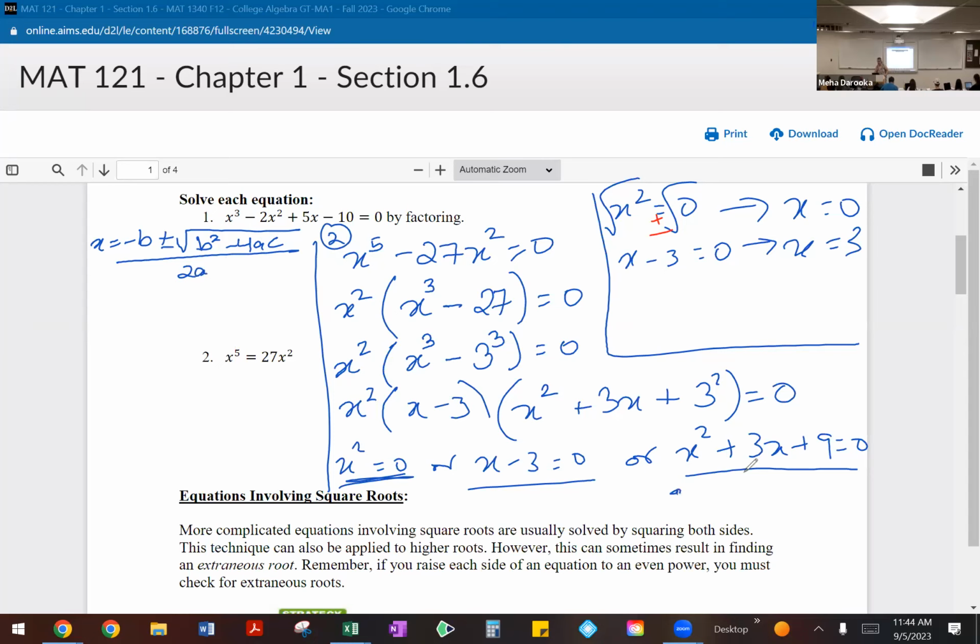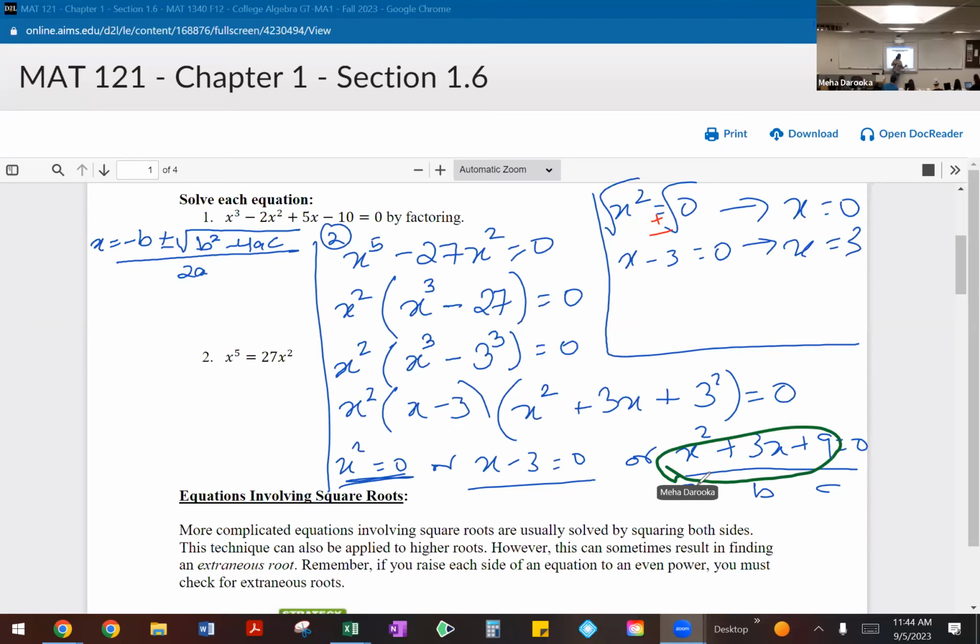So what is our a, b, and c coming from the polynomial? x squared plus 3x plus 9 is our polynomial.